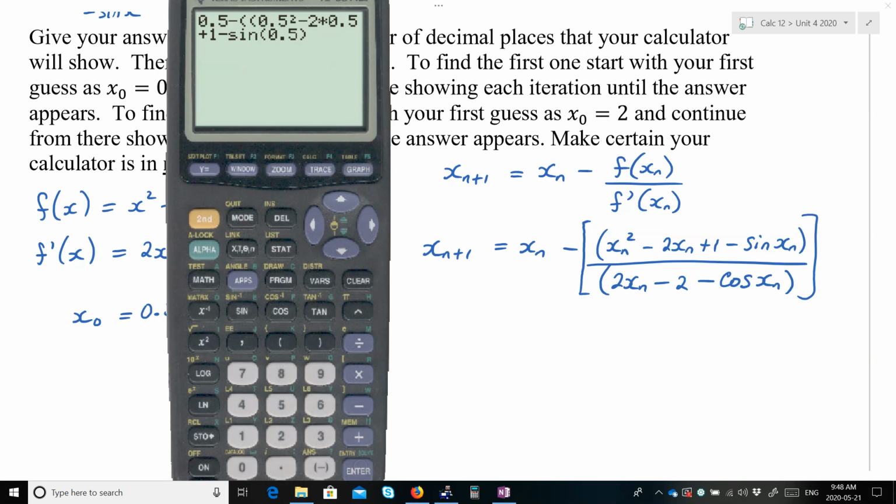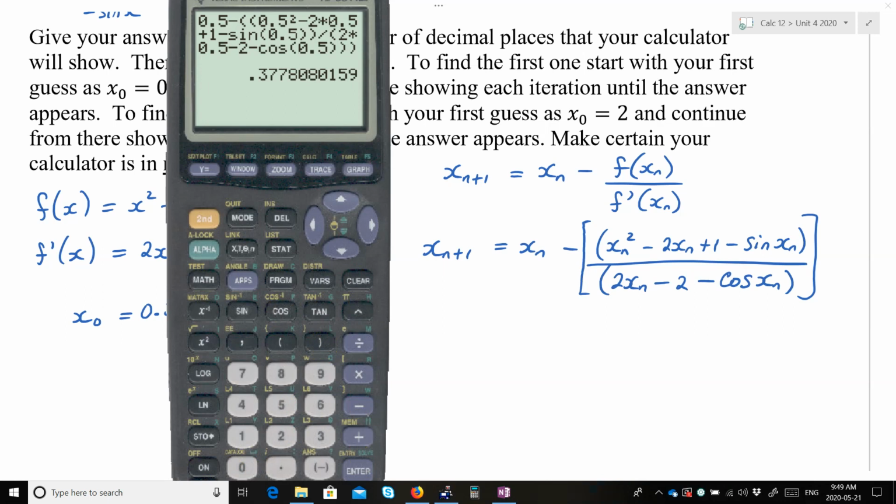Sine of 0.5, and I need to close the bracket on the top and then divided by, and I'm going to open a bracket on the bottom, 2 times xn minus 2 minus cos of 0.5. And I'm going to close the bracket on the bottom, and I'm going to close the main big brackets around the whole fraction.